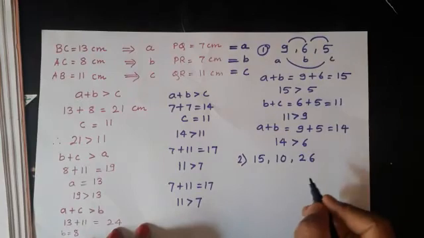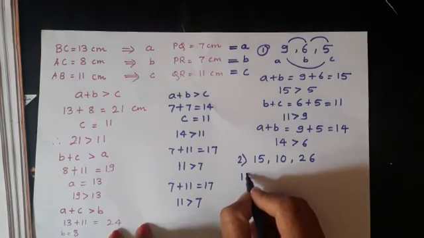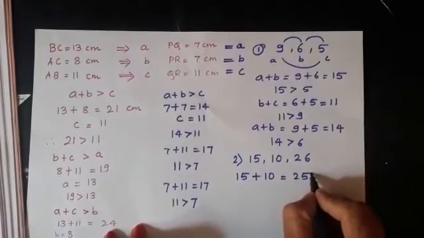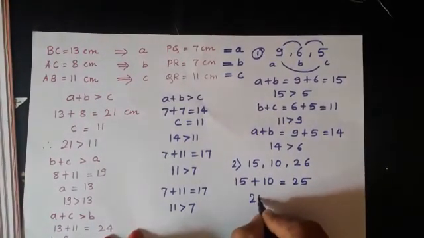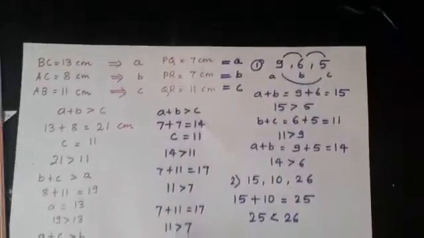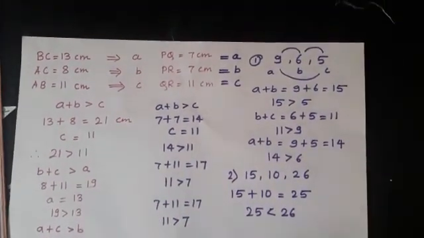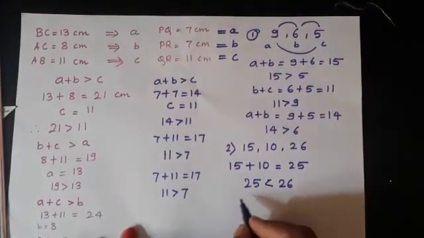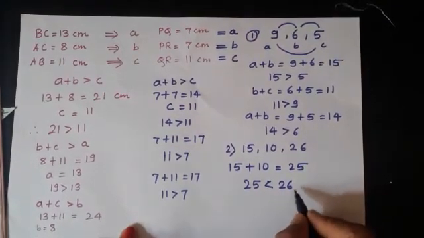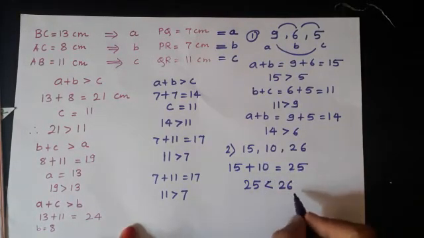We can draw a triangle with the help of the given set of lengths of sides. Now one more question. We'll see this one. Let us see whether it verifies or not. 15 plus 10 gives 25. So is 25 greater than the third side? No. So in the first step itself, we can conclude that the sum of the lengths of two sides of the triangle is less than the third side.